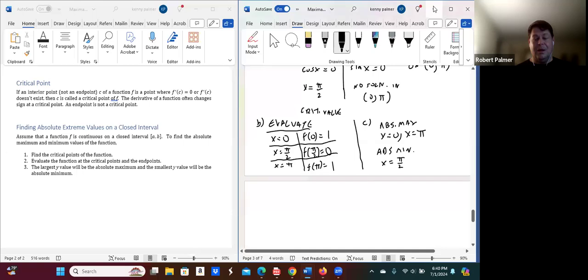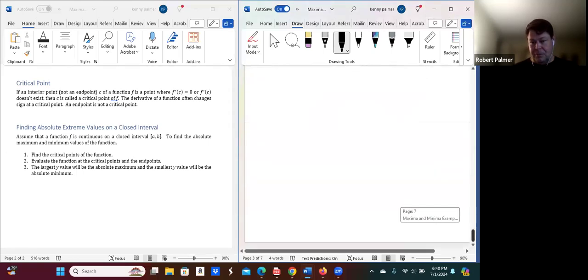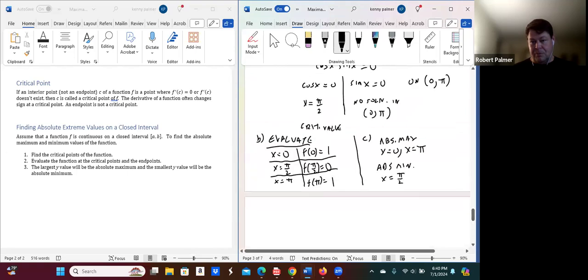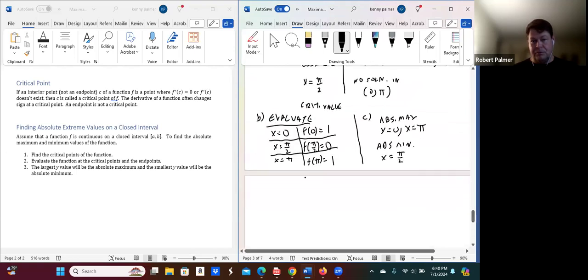Okay, let's do one more. Now, this one is a little bit more involved, but as we'll see, it's not that bad. We have to practice with another rule.